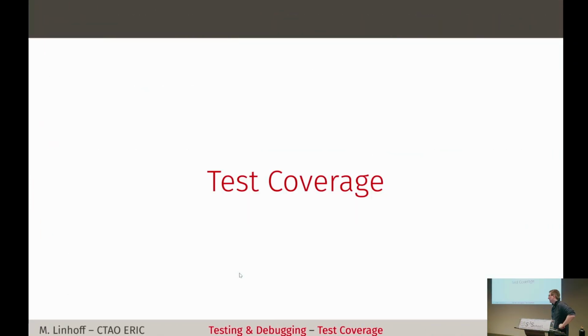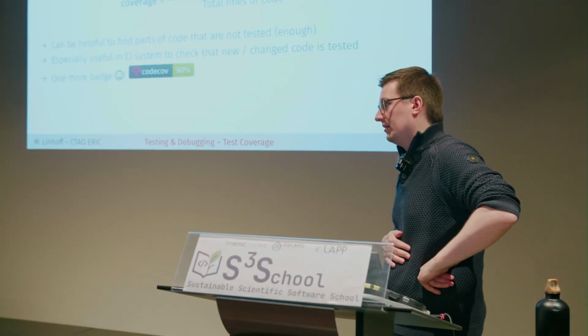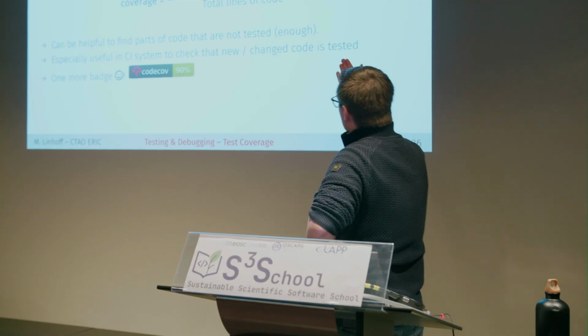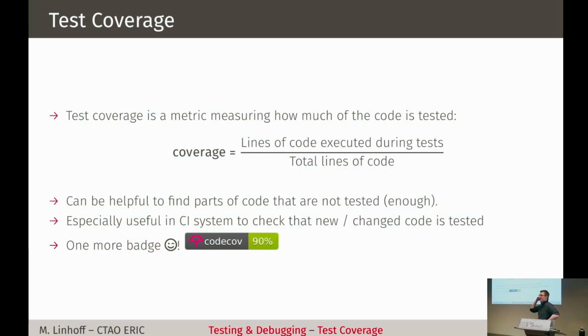Okay. I touched this a couple of times now. Test coverage, what is it? At the basic level, it's a very simple computation. Your test framework observes which lines of your code were executed during the tests. For Python, this is relatively straightforward because it's an interpreted language with lots of debugging information available.